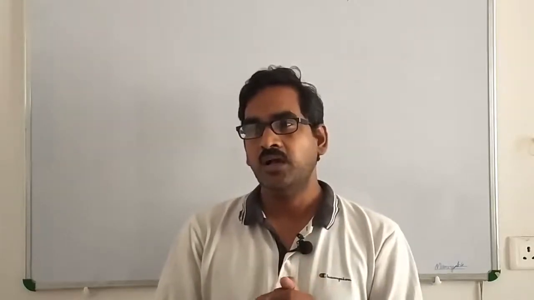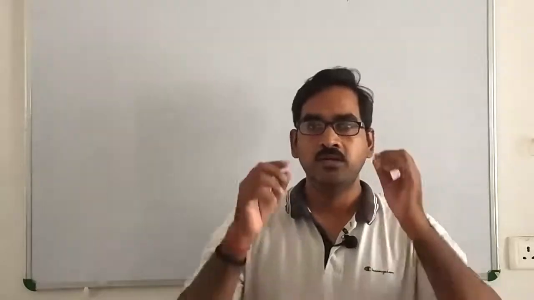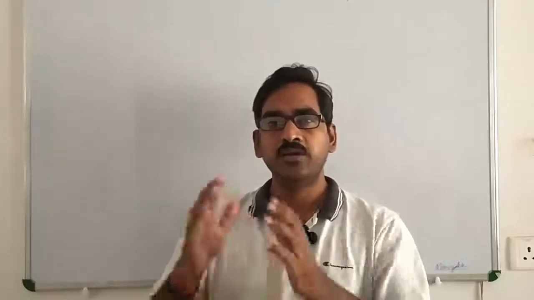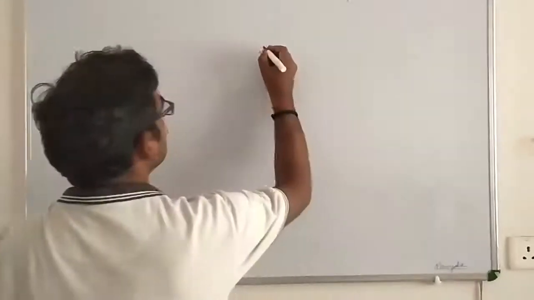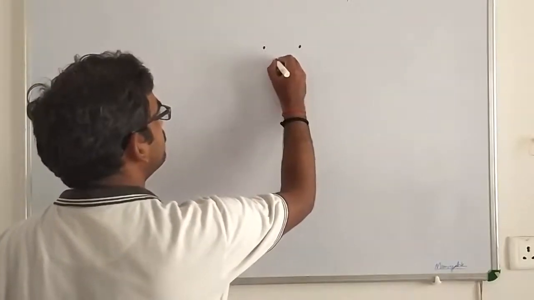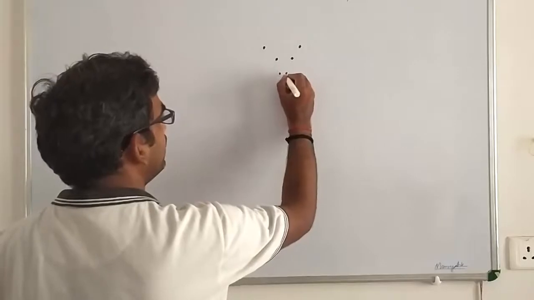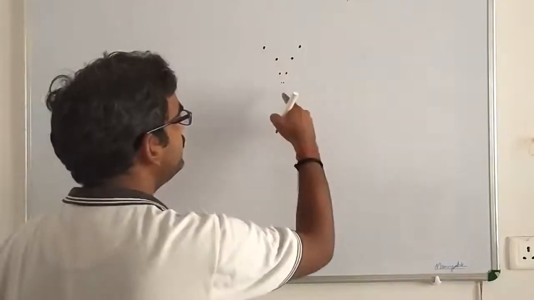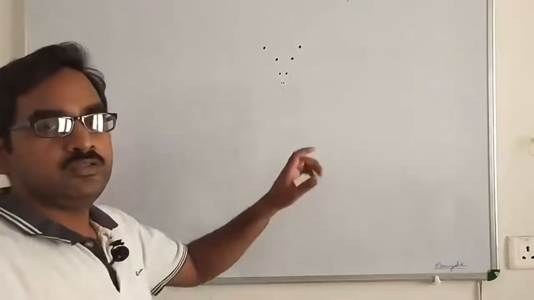What is resolution and how does it occur? Suppose a person came into my spectacle shop, and I need to check his or her left eye, and I put two dots on this board like this, and progressively I decrease the distance between the dots.